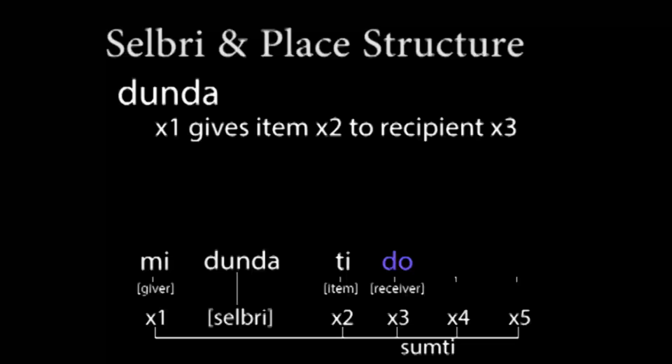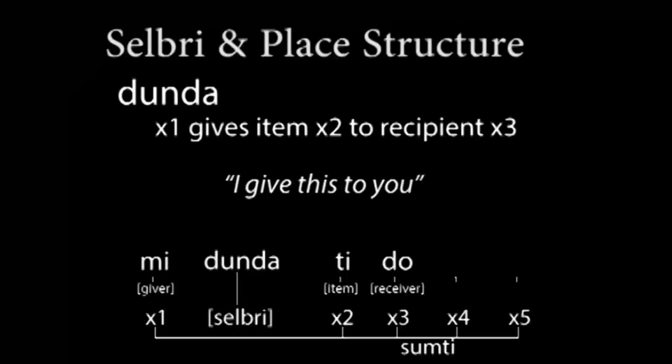And finally, the receiver of the item is do, the listener. From this we understand the precise message. We have used the selbri to interpret how the sumti are related to each other in order to understand the predicate of this proposition. The English translation of mi dunda ti do could be written as I give this to you.